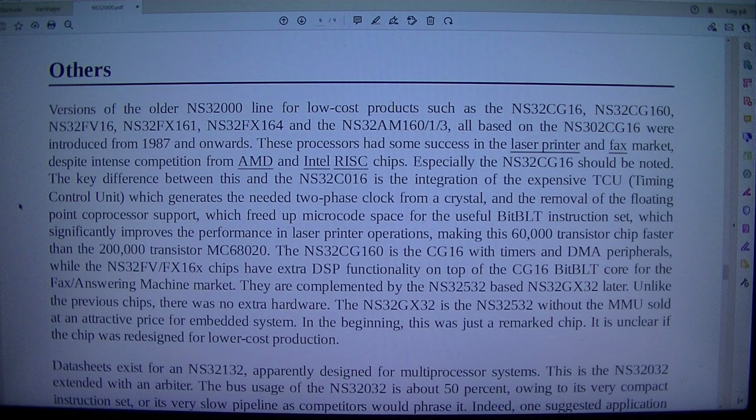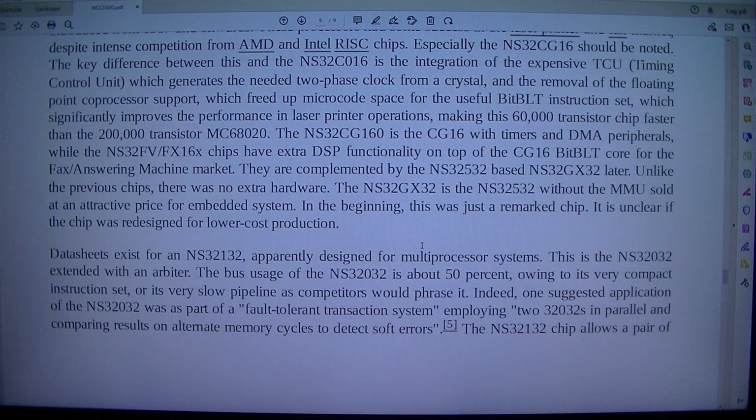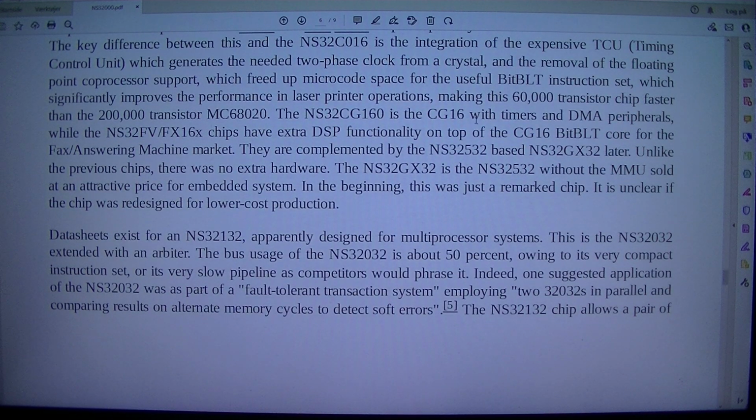The key difference between this and the NS32C016 is the integration of the expensive TCU, timing control unit, which generates the needed two-phase clock from a crystal, and the removal of the floating point coprocessor support, which freed up microcode space for the useful BitBLT instruction set, which significantly improves the performance in laser printer operations, making this 60,000 transistor chip faster than the 200,000 transistor MC68020.